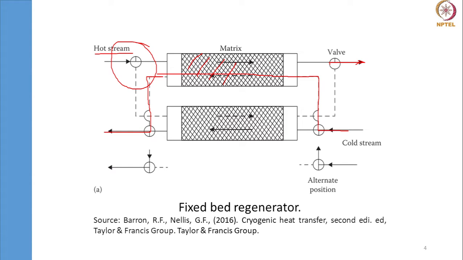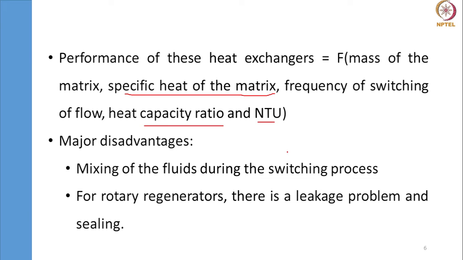However, if it is the same fluid such as nitrogen or helium, the degradation could be smaller. In case the hot and cold fluids are two separate fluids, say nitrogen and helium, we'll have a problem at that point because helium and nitrogen are going to mix. So that is one major problem which we can't avoid.